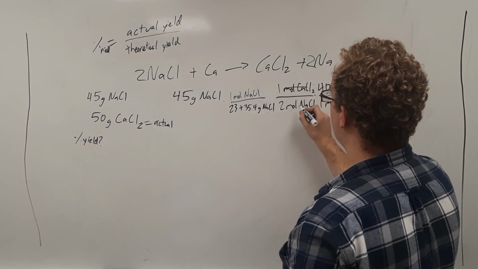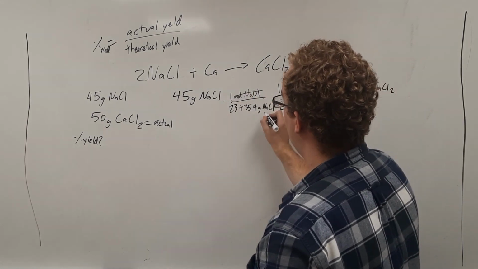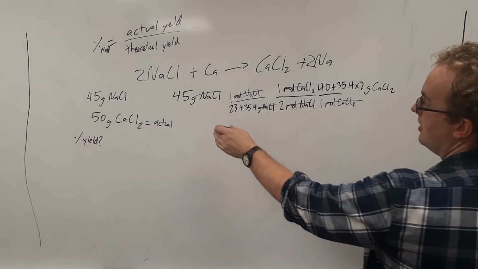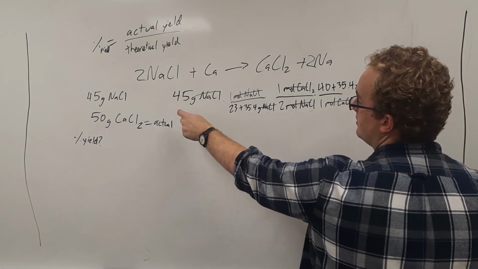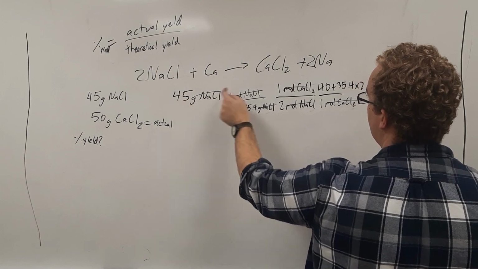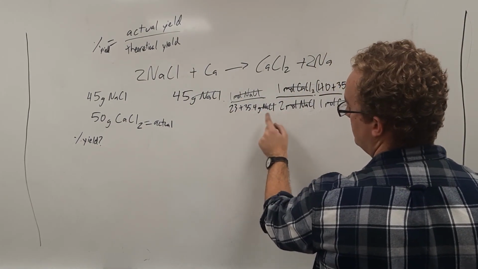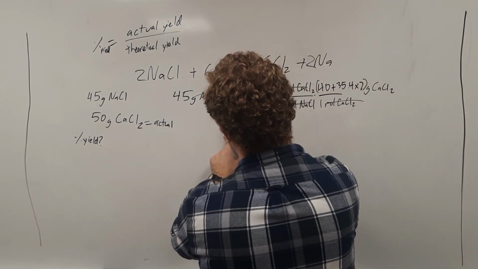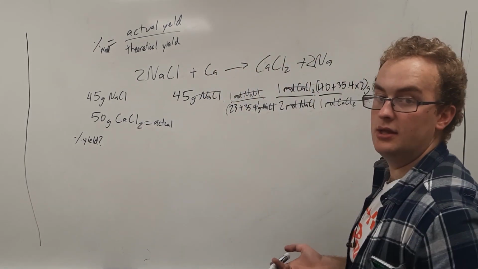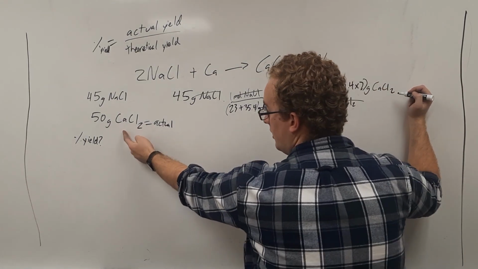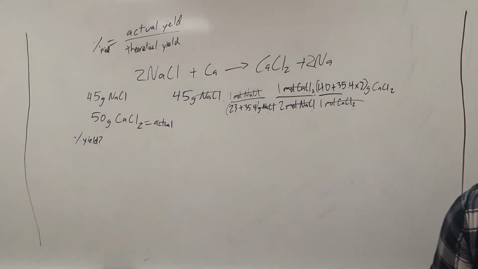Now all the units will cancel out except for grams of CaCl2. If I do all these operations, we'll have 45 times this number divided by 2 and divided by this number. Then I will get our theoretical yield. And then we can just take that number and divide it by this number, and that will be our percent yield.